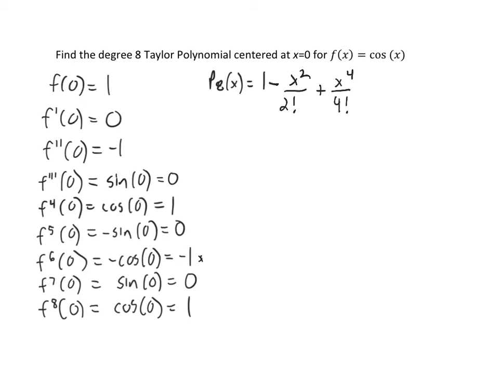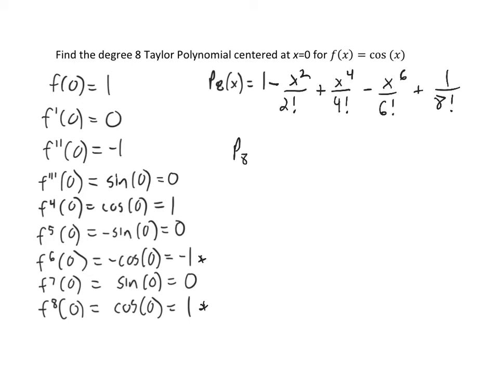Jumping down here to the sixth one, minus x to the 6 over 6 factorial. And then jumping down here to the last one, 1 over 8 factorial.